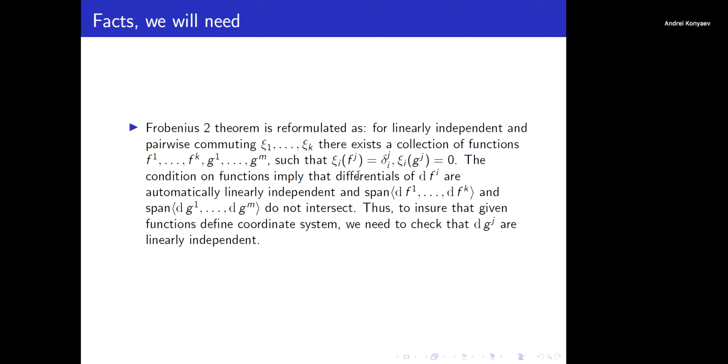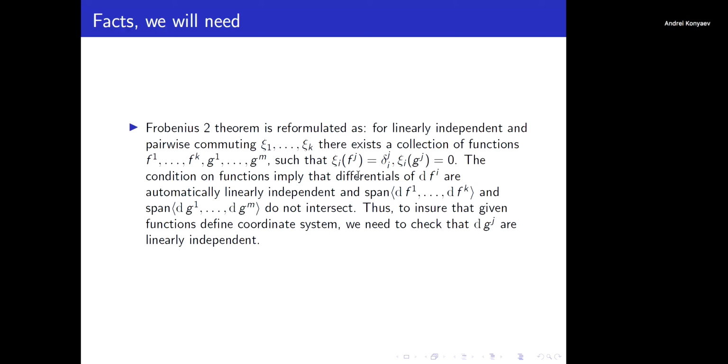If you take a linear combination of these functions, take the differential, differentiate along the xi, and look at the linear combination at a given point, you will see that each coefficient must be 0. So it's simple linear algebra. But what you need to know is that these functions are already functionally independent.